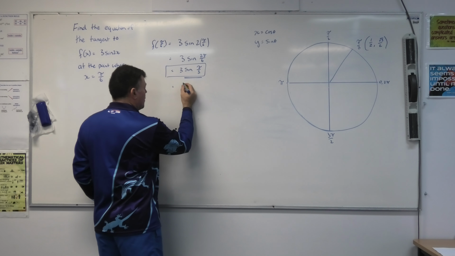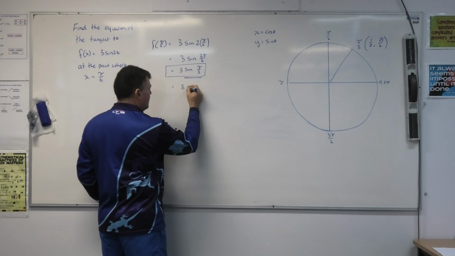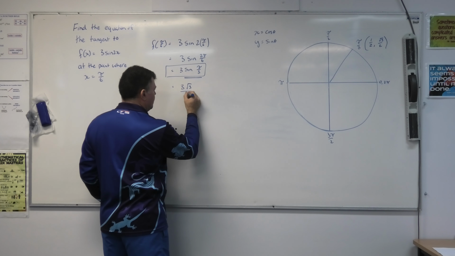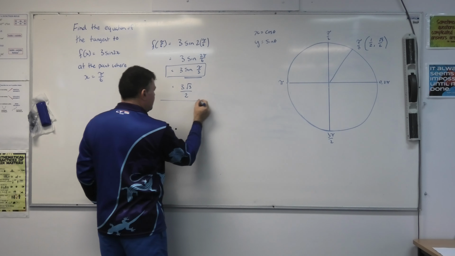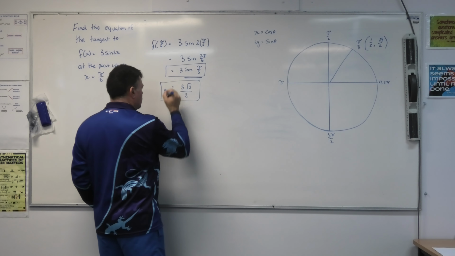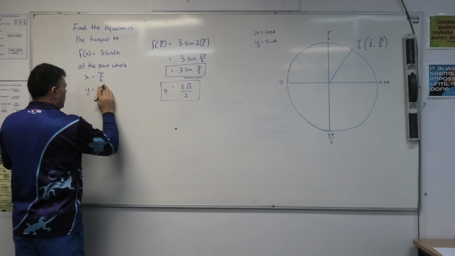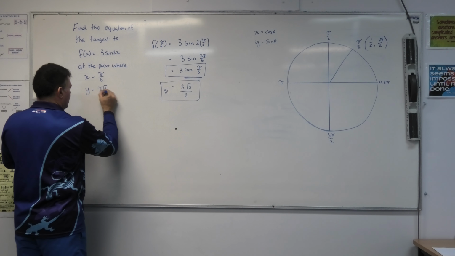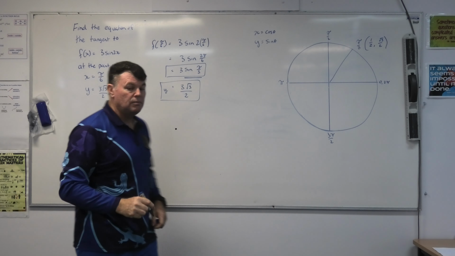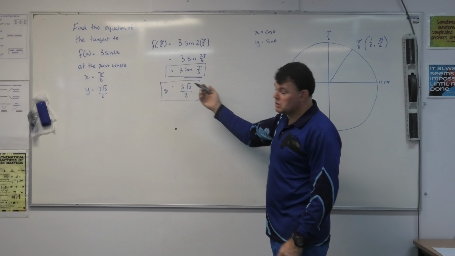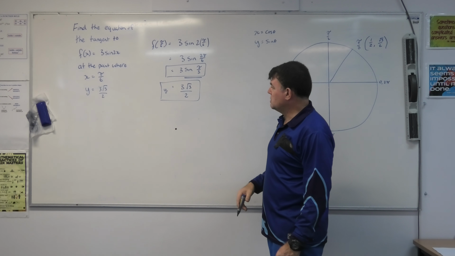Therefore your final answer here becomes 3 times root 3 on 2, and this is what y1 equals. So we've done our first step, found what our y1 is going to be.